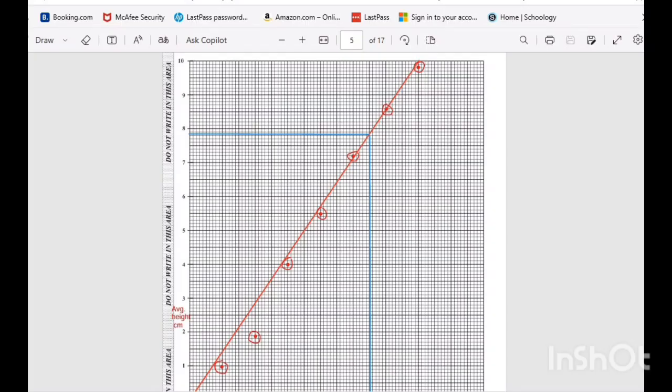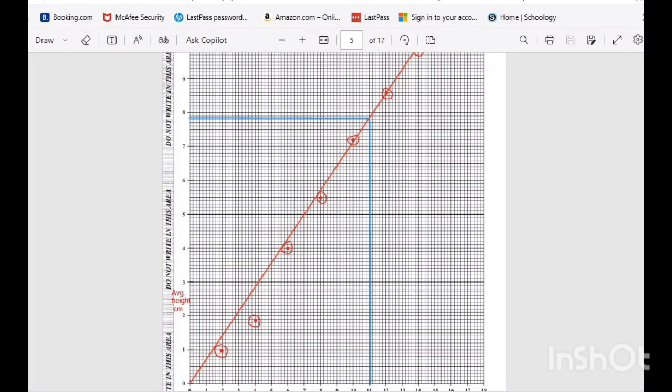And then the next part of the question asks us to determine the height of the plant on day 11. Now, in the table, it doesn't give us any information for day 11. So what we need to do is use the graph to figure out what height the plant might be measuring at day 11. So what you do, you find where day 11 is on your graph right at the bottom. And where we have our blue line, you draw a line from that day all the way up until it touches your line of best fit.